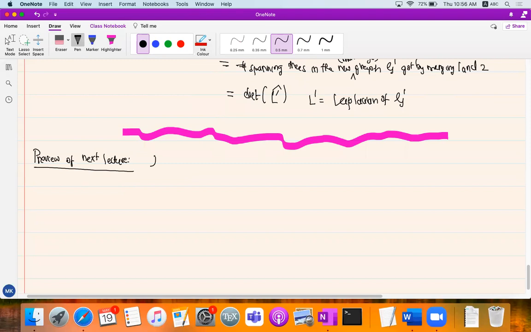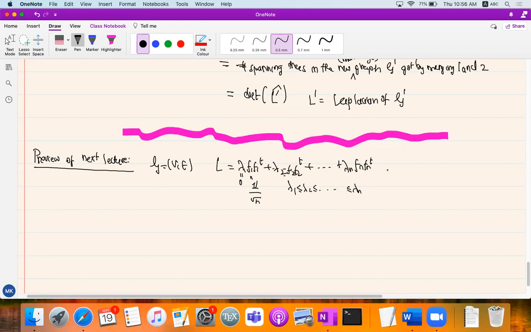So we have seen, let's take a finite graph as always, G is (V, E), and L is the Laplacian. We'll write it as lambda 1 F1 F1 transpose plus lambda 2 F2 F2 transpose, and so on. As I said, lambda 1 is 0, F1 is the constant vector divided by square root n, and lambda 2 is the next eigenvalue, and so on.